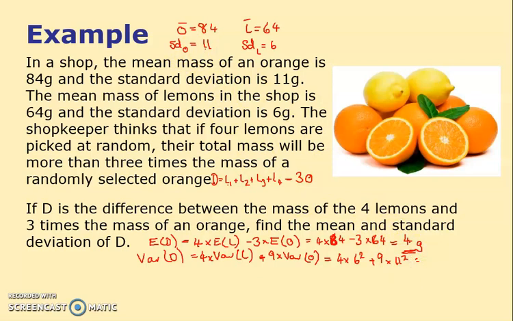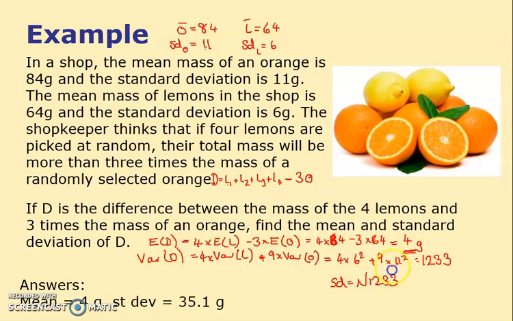So if I just do that calculation, 4 times 6 squared plus 9 times 11 squared, I get 1233. Now, on the face of it, that's completely wrong. But of course, this is the variance. So now the standard deviation is the square root of 1233, which it says is 35.1. Look at that, it even works.